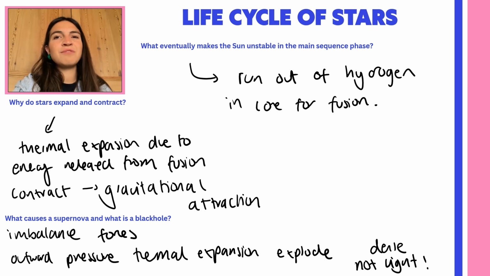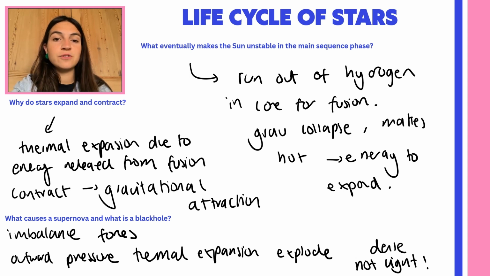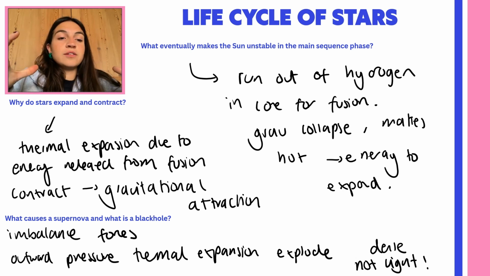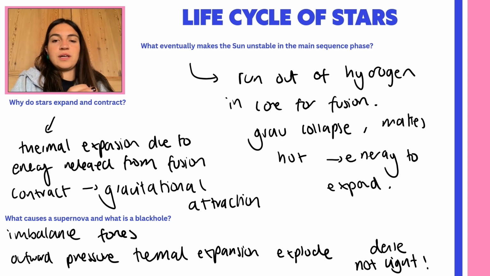So you don't have as much energy coming from your core, you don't have as much thermal expansion, so your gravitational attraction wins and your star collapses in, a gravitational collapse. But then in turn, that collapse makes the star hot again and has the energy that is then required for it to expand out into a red giant.